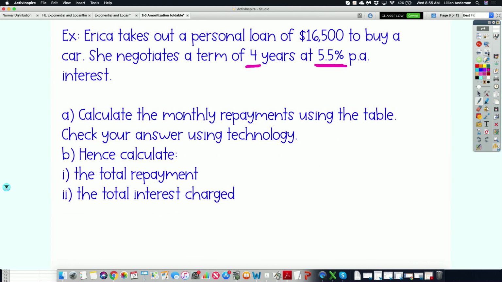So to determine, using the table, how much her monthly payments are going to be, we need to take that monthly amount, which was 23.2565, and multiply it by 16.5, because that's how many $1,000 sets $16,500 is. When we multiply those two numbers, we'll figure out how much she's going to have to pay a month for her car.